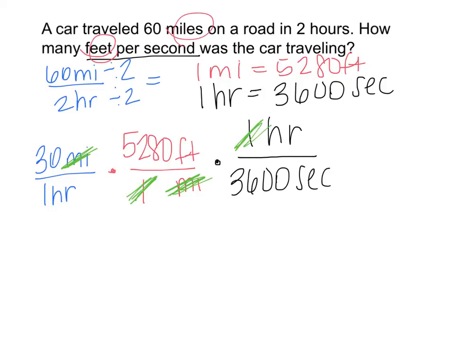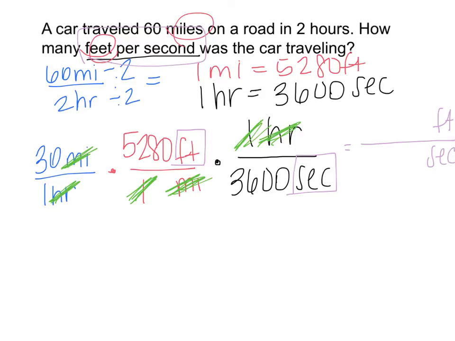What's the other unit that you could cross out? Well, you should have seen that there's hours in the numerator and in the denominator, so we can cross those out. If you notice, the only units left are feet and seconds, which is what they want us to find. So we're going to have a ratio of feet over seconds.